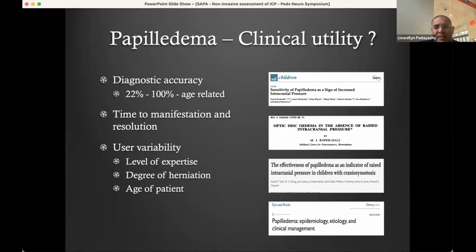There is also user variability, so the level of expertise of the person performing it, and the degree of herniation. When I say herniation, I mean herniation of the fundus into the globe. The age of the patient really influences this tremendously. Overall, the relationship with ICP as a clinical marker is really difficult, and I'll show why that's important as this talk evolves.